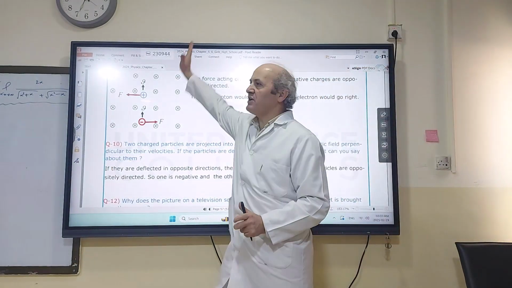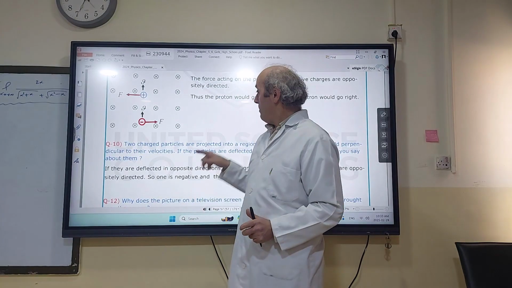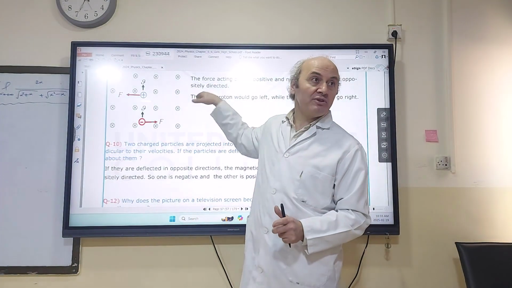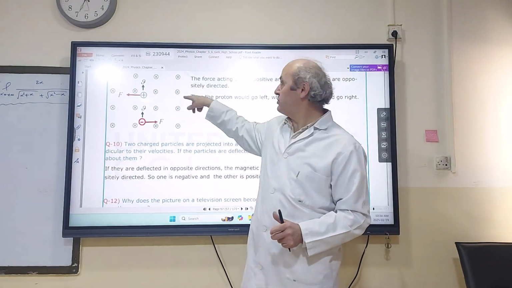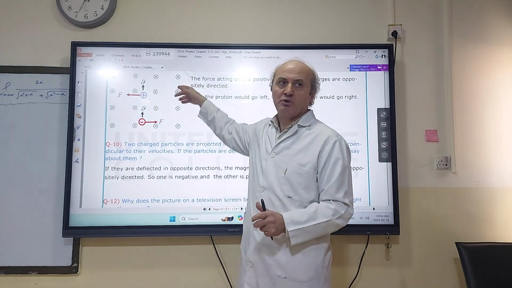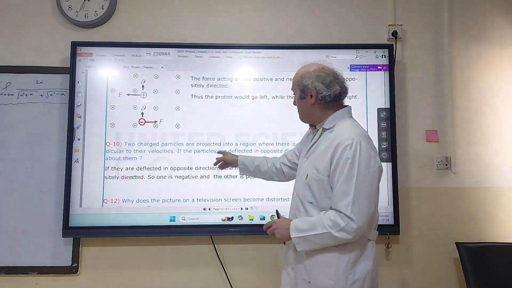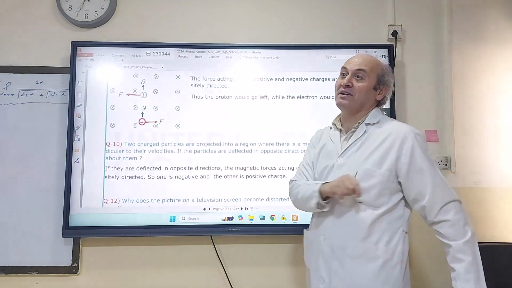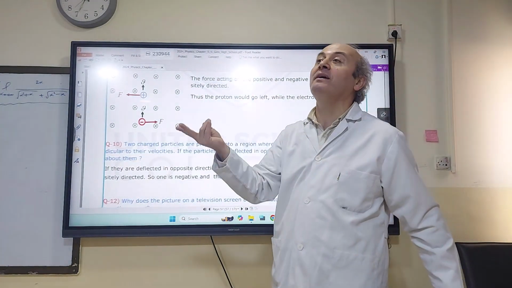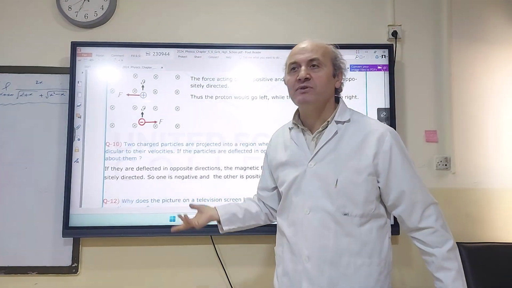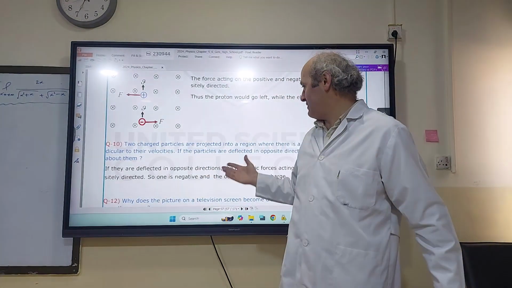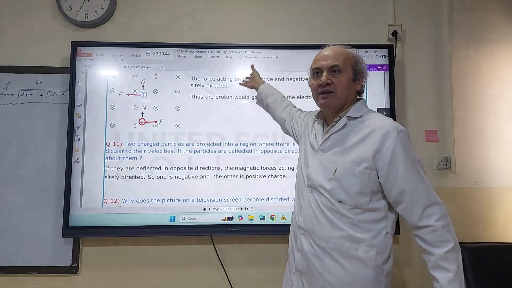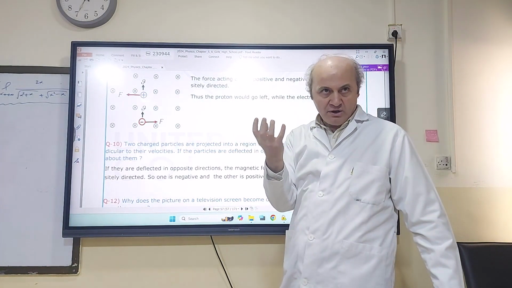Projected means they are moving in the same direction. The magnetic field is perpendicular to their velocities, like this one, into the page or out of the page. If particles are deflected in opposite directions, their signs must be different. One of them must be positive, the other one negative. As you can see, 10 and 11 are in fact very close.